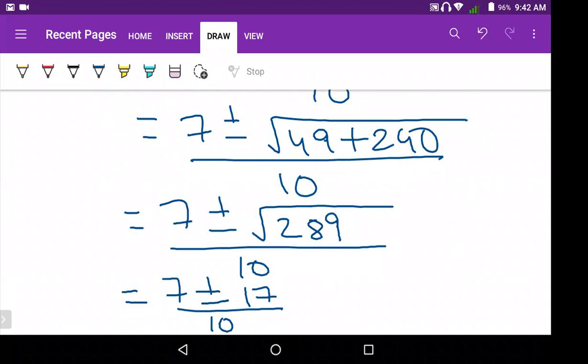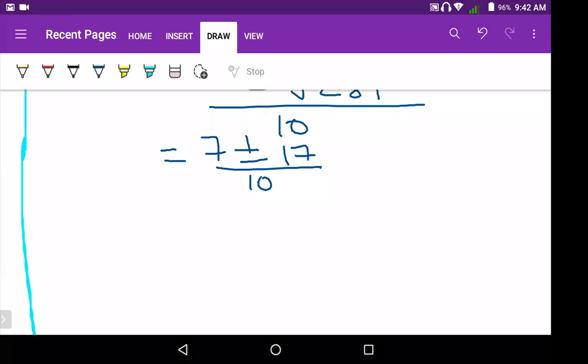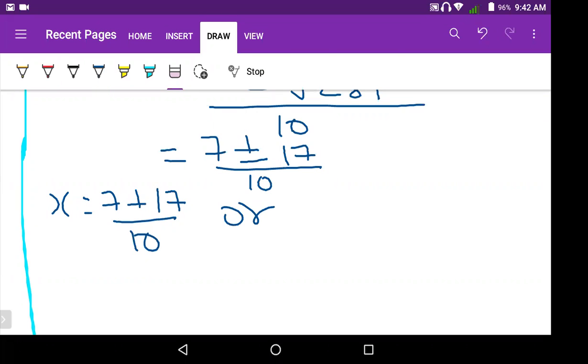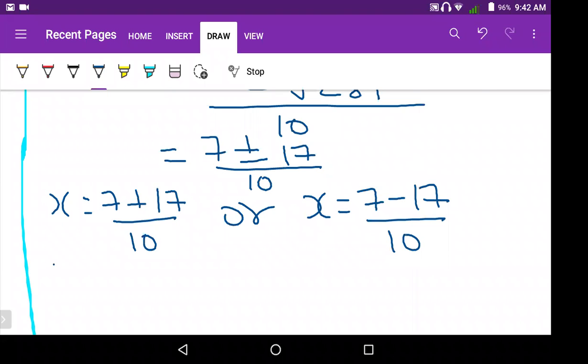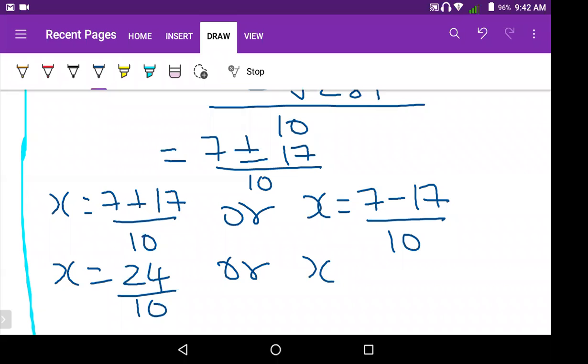Now we have got two roots already. So let us derive the two roots quickly. X is equal to 7 plus 17 by 10 or x is equal to 7 minus 17 by 10. So x is equal to 7 plus 17 will give you 24 by 10, or x is equal to 7 minus 17, how much do you get?